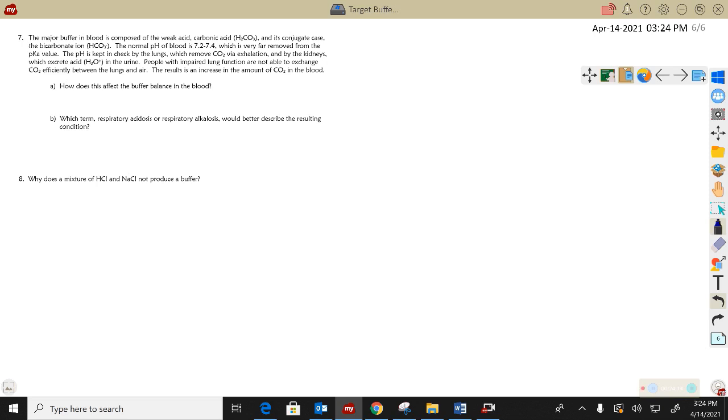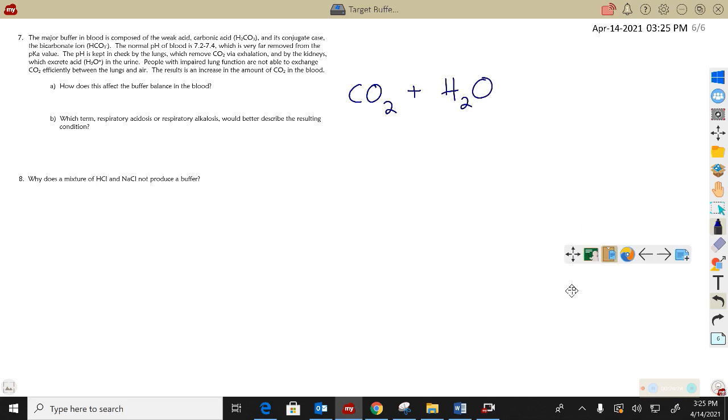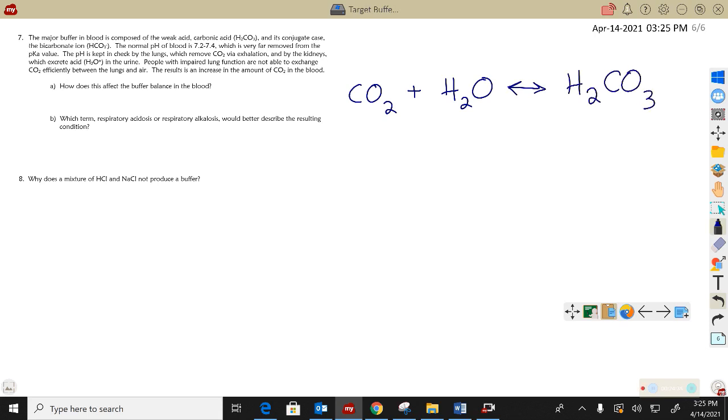And so the reaction that's happening in A is that carbon dioxide, if we can't exhale sufficiently, reacts with water in your body. You're full of water. And we end up forming carbonic acid. Oh, so your blood chemistry becomes too acidic.